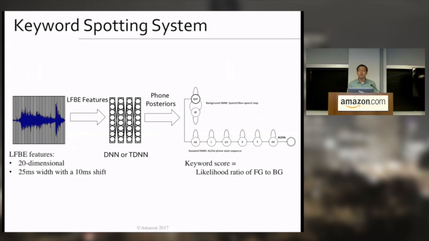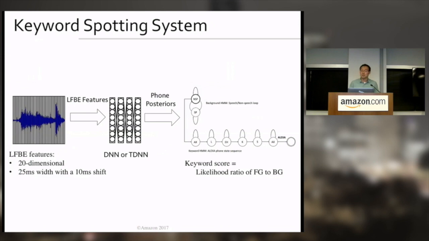And during this decoding, we would run the Viterbi search in these competing decoding paths between the keyword HMM and the background HMM. And each time when this decoding goes to the ending state of the keyword Alexa HMM, it will trace back to the beginning of the word and extract the hypothesized audio segment for the word Alexa.